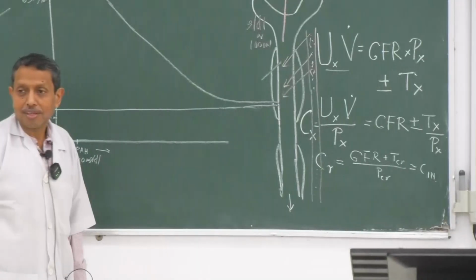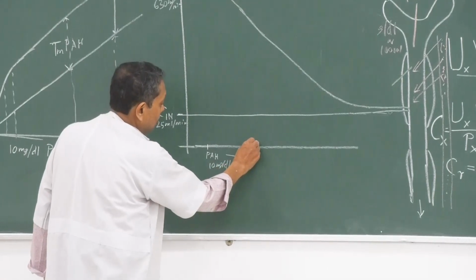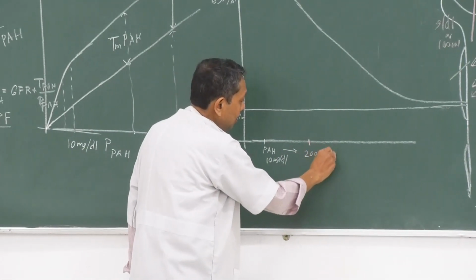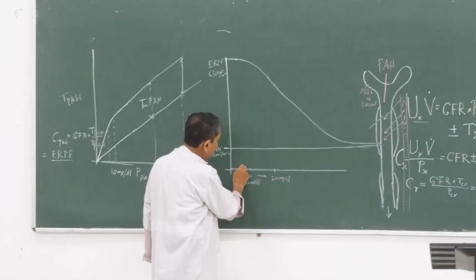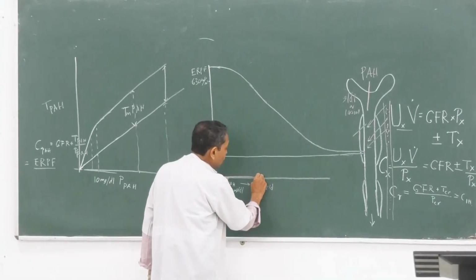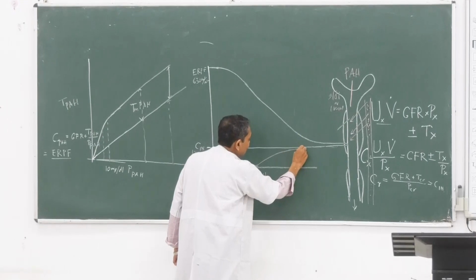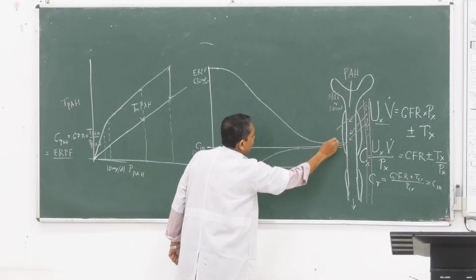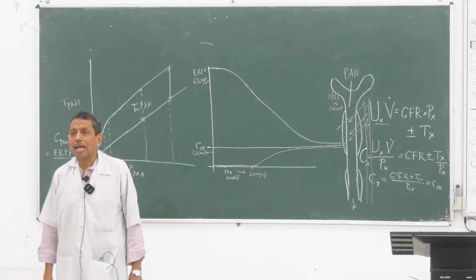Now we consider the case of glucose, arterial plasma. It is up to 200 milligram per deciliter, and it will also go closer and closer to this, but it will never cross, and it is called asymptote.